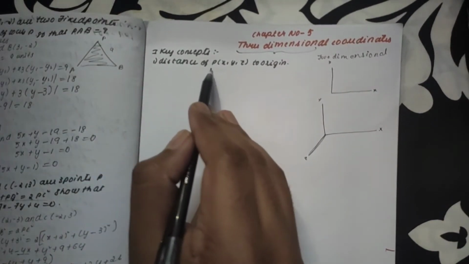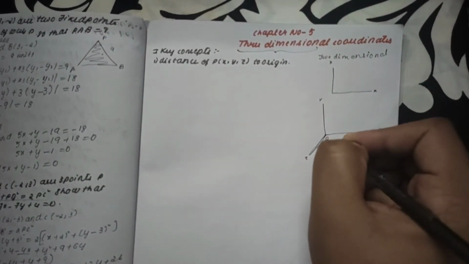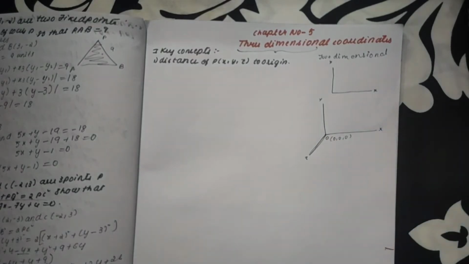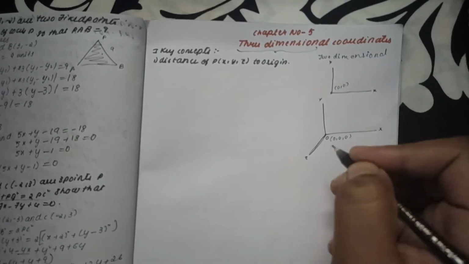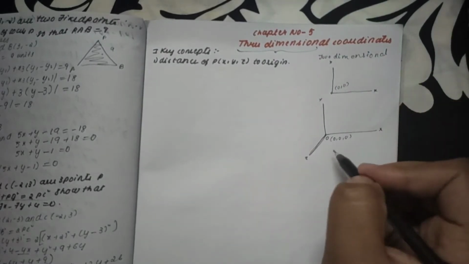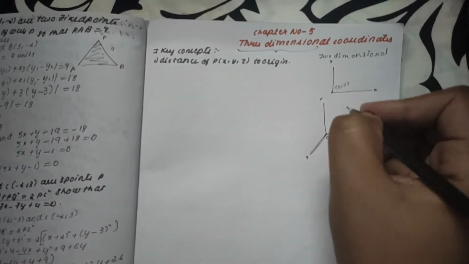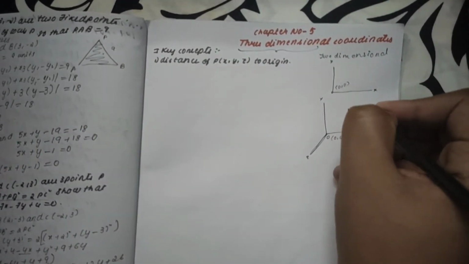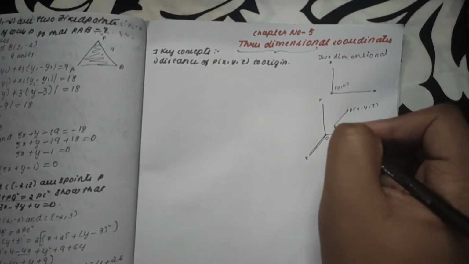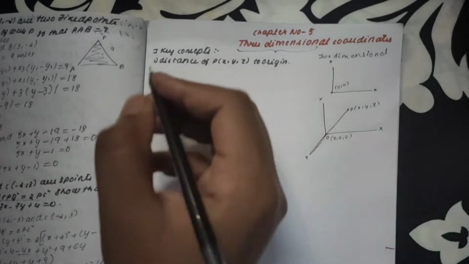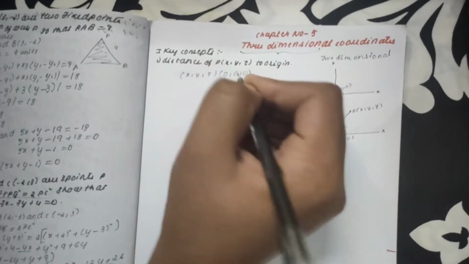First, distance of P of x comma y to origin. As we know, this is our origin 0 comma 0 comma 0. If it is in two-dimensional, it is 0 comma 0. In three-dimensional, we have to write 3 zeros because one goes to x-axis, y-axis and z-axis. If we take a point P on the plane x comma y comma z, the distance between P and origin is x comma y comma z to 0 comma 0 comma 0.